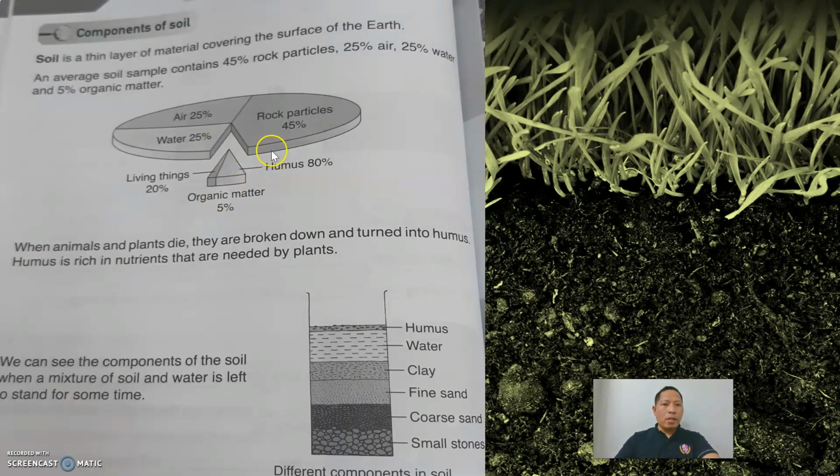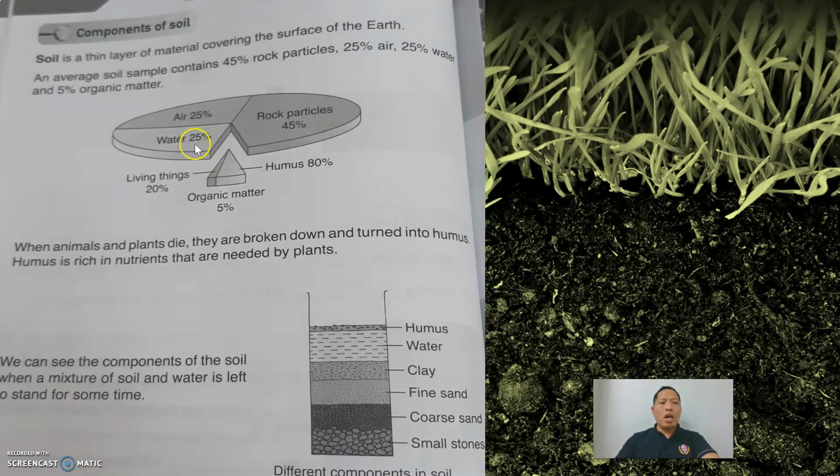Okay. How many percent of rock particles? Yes, if you answered 45%, you're correct. How many percent of humus? If your answer is 80%, very good. How many percent of organic matter? If you answer 5%, very good. How many percent of living things? 20%.